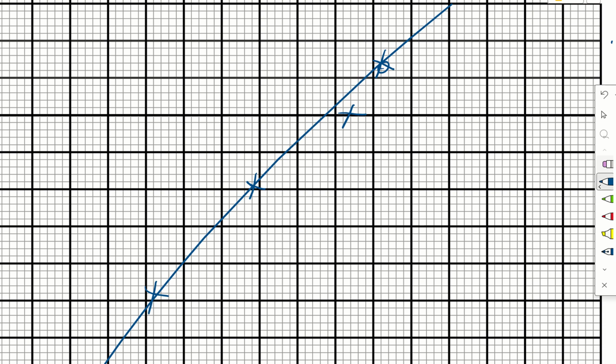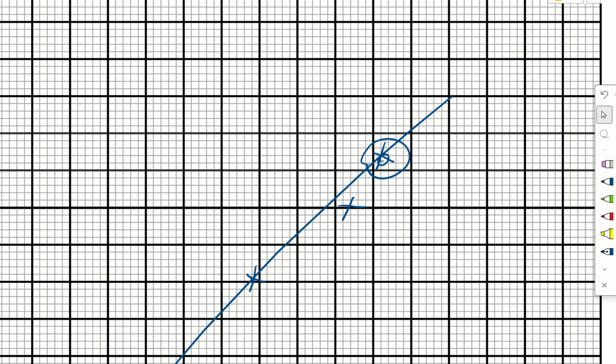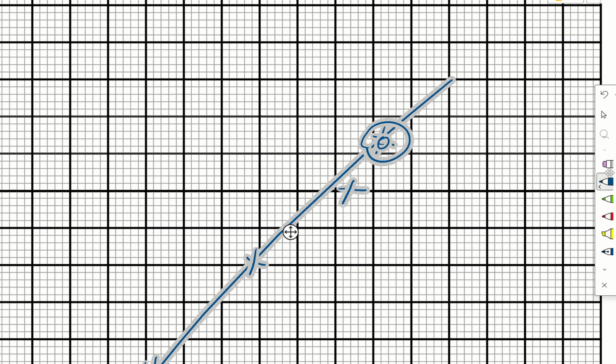So I would suggest you don't use this data point. Choose a new coordinate to be your x and y coordinate, because when you are drawing your best fit line, this point may or may not, it may look very near to be on the line, but it may not even be on the line itself, right? So I would need you all to choose another point, and it's not difficult.